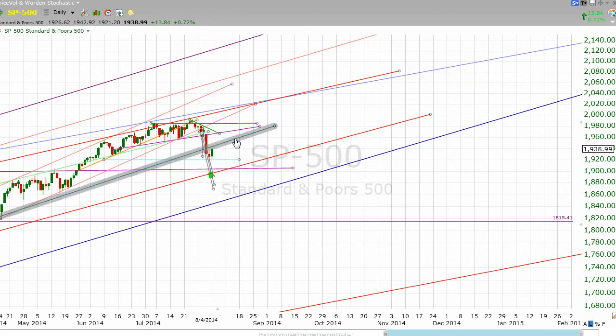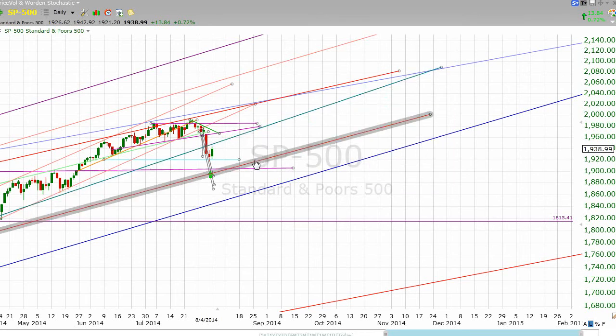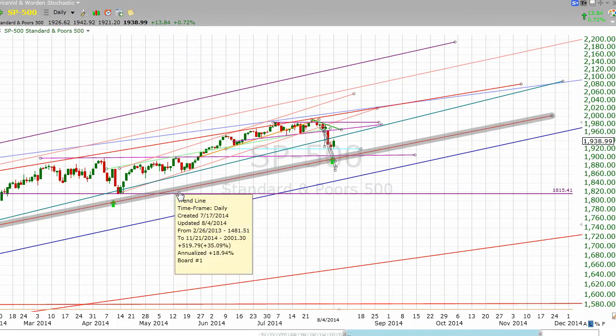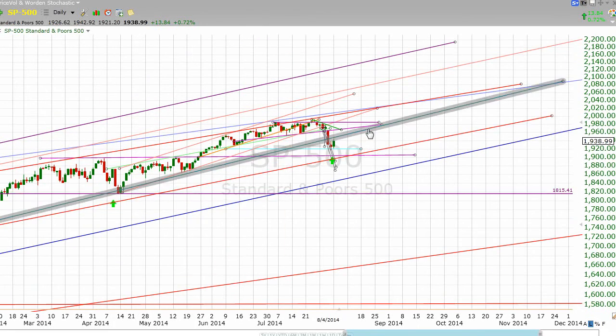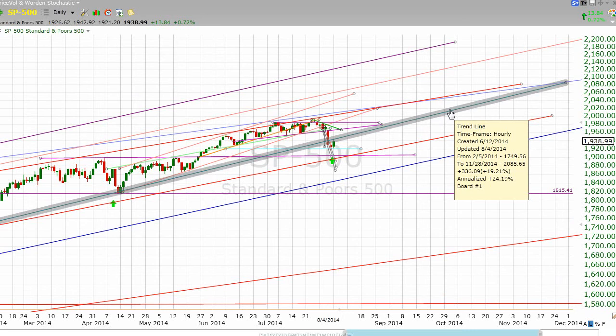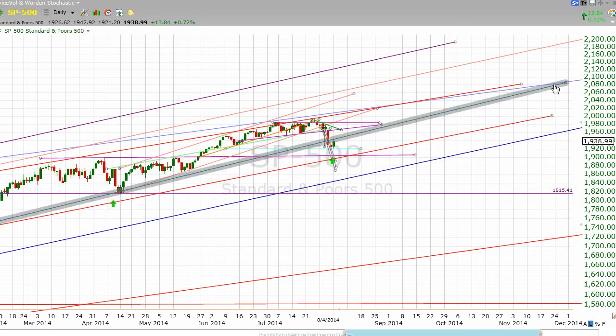So if this line does end up providing resistance, then I think it's going up at a steep enough pace to where, as long as we get support out of this line, this could be another one of those situations like we had, where a broken support line ends up being turned into a curb, if you will, on a new path to a higher level.